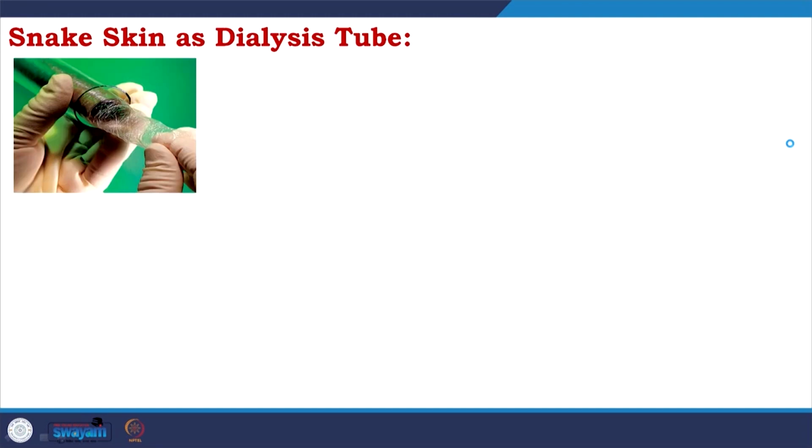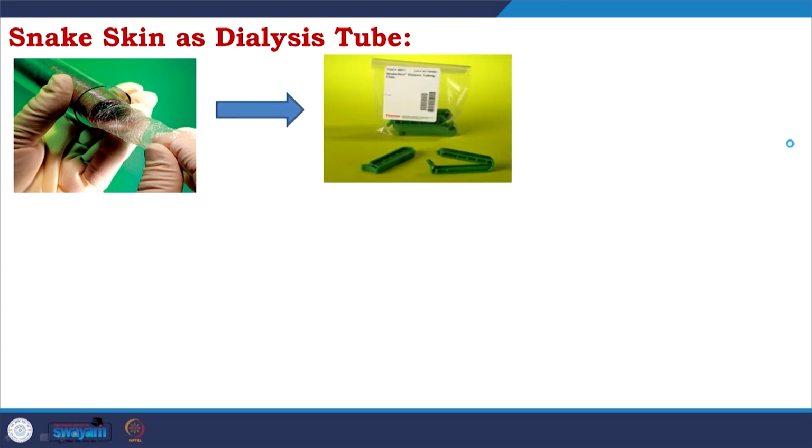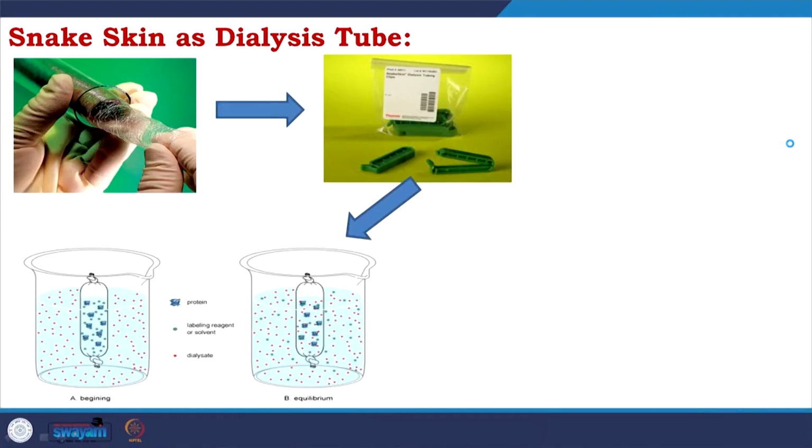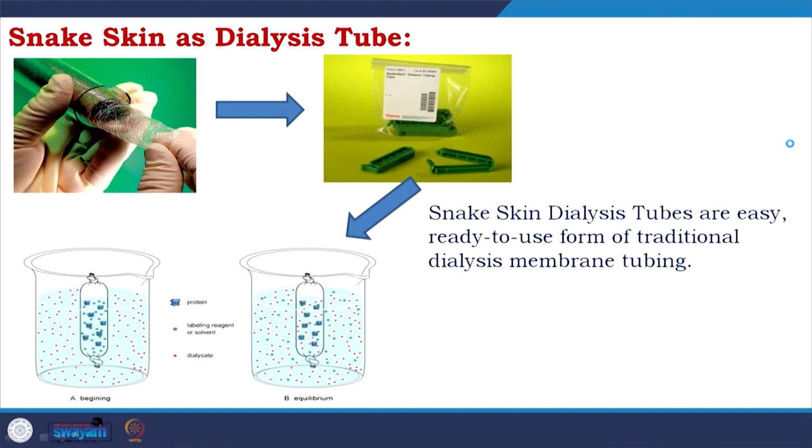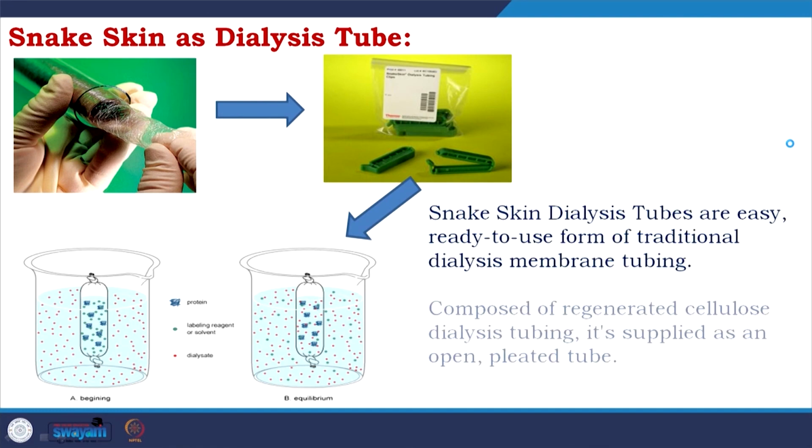They are very commonly used as dialysis tubes. You have the snake skin, it's like a parallel pipe, only flexible, and you have the clips. So you put the clips on two sides and then put it in the buffer solution overnight, and it would dialyze. Snake skin dialysis tubes are an easy, ready-to-use form of traditional dialysis membrane tubing.